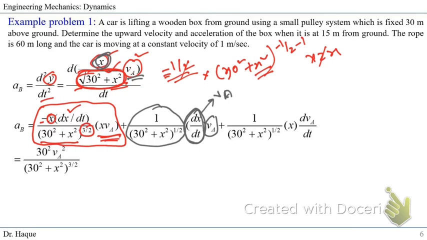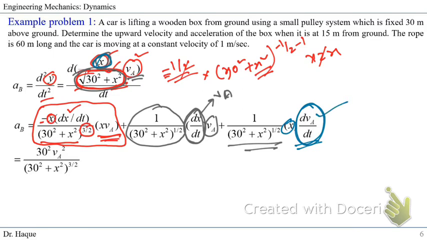And for the third term, which is also easy, we leave the first term the same, and we also leave the second term, the x, untouched, and then we'll have dVA over dt. We'll leave it in derivative form.